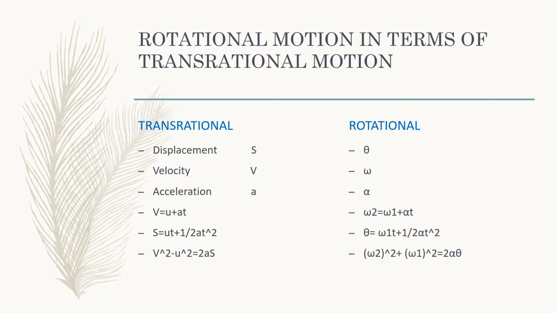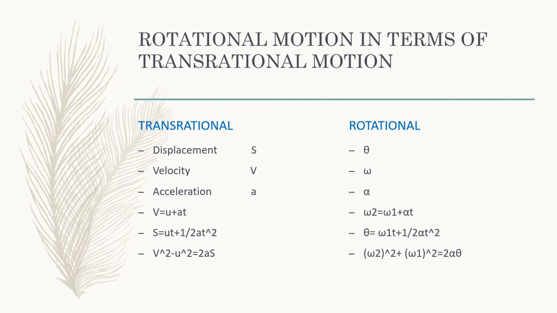We can see these simple formulas in translation. These are also applicable in rotation if alpha is constant. In translation, a is constant, so v equals u plus at, s equals ut plus half at square, and v square minus u square equals 2as. It can also be written for rotation as omega 2 equals omega 1 plus alpha t, or theta equals omega 1 t plus half alpha t square, or omega 2 square minus omega 1 square equals 2 alpha theta.